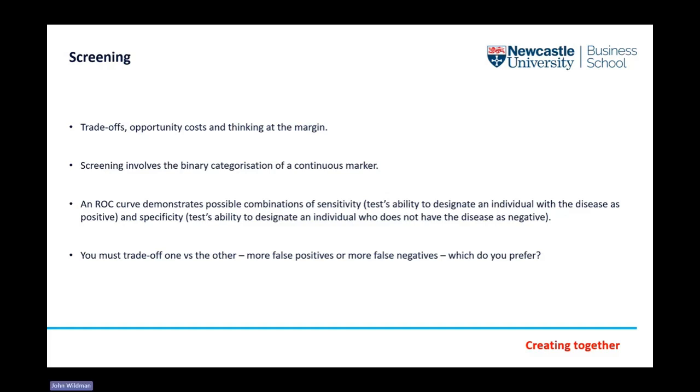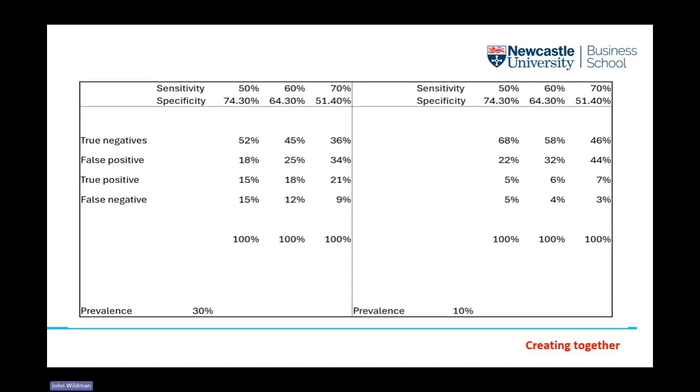It's slightly more simple, I hope, if I just put it into some numbers. So just concentrate on the panel on the left for a moment. This is for a given test. These numbers represent numbers from a receiver operator curve. For my test, I could choose my threshold at a point of 50% sensitivity and 74.3% specificity, reading the top row.